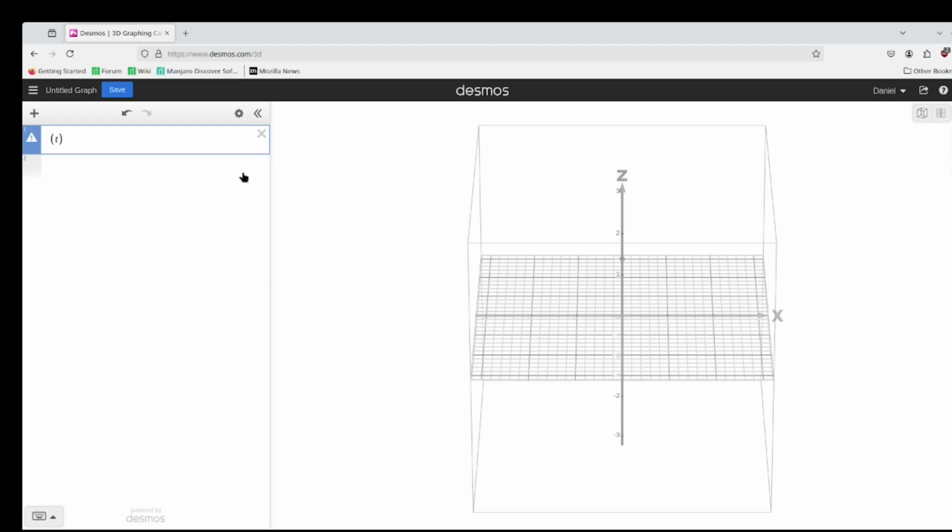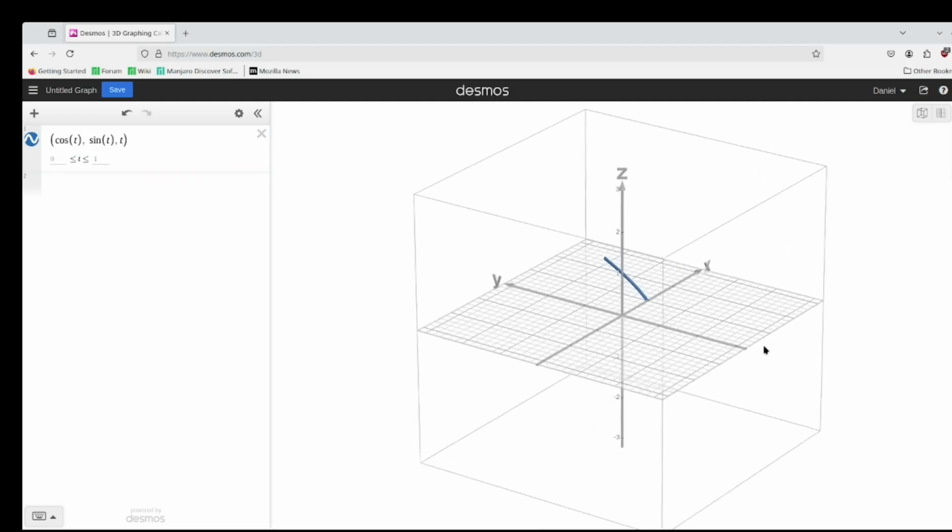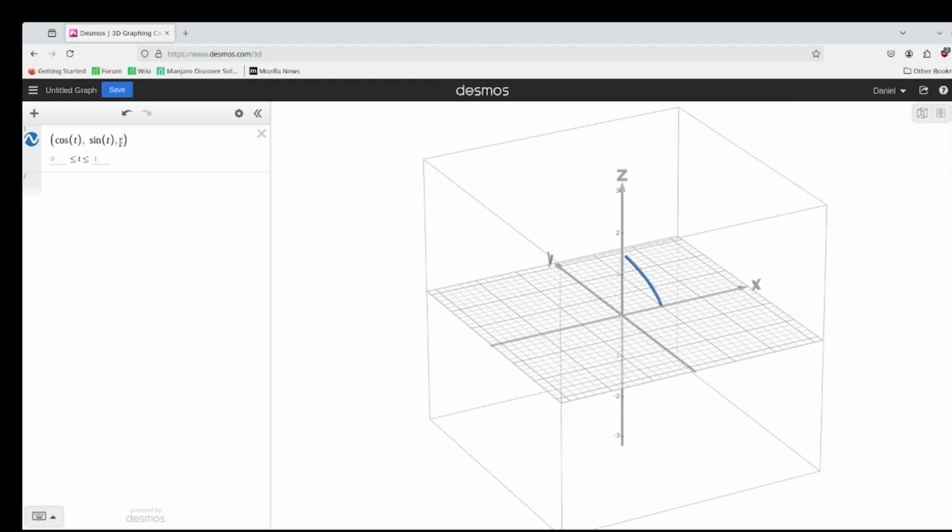If we were to graph a cylinder, you might do something like cosine of t, sine of t, and a z that looks like this. But if I swap this out for either a u or a v, you will notice that the calculator tells you that it thinks that t and u are both variables, and it doesn't understand what to do with it.